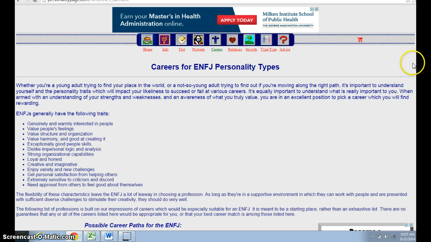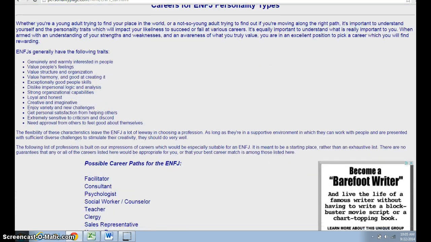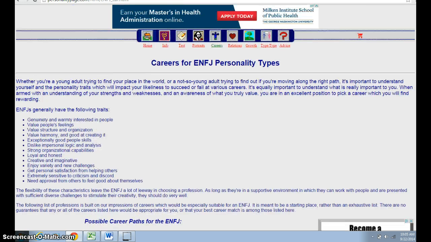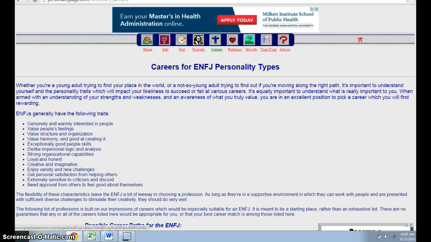Then they're going to come down and it gives the possible career paths for ENFJ. Here's teacher for me. Yahoo! But I always wanted to be a politician or a diplomat. Anyway, it's really a fun exercise. It teaches them a lot.